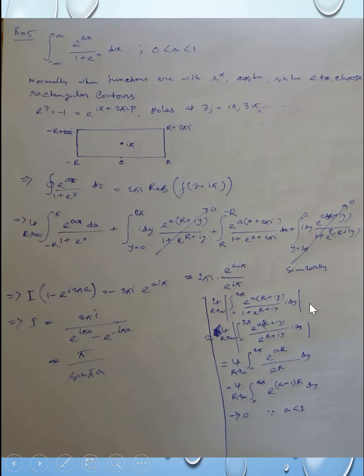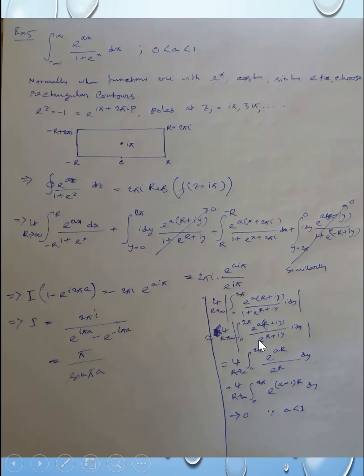Since r is tending to infinity, a very big number, you can replace this by 1 plus exponential r plus iy over exponential r plus iy.